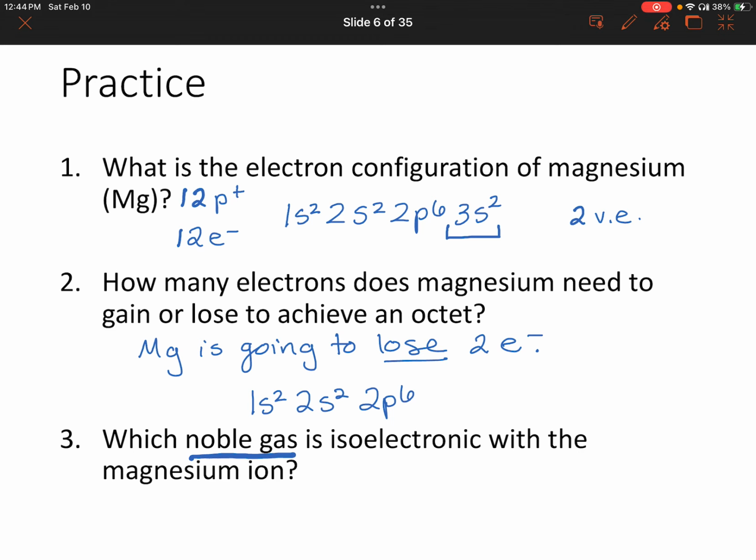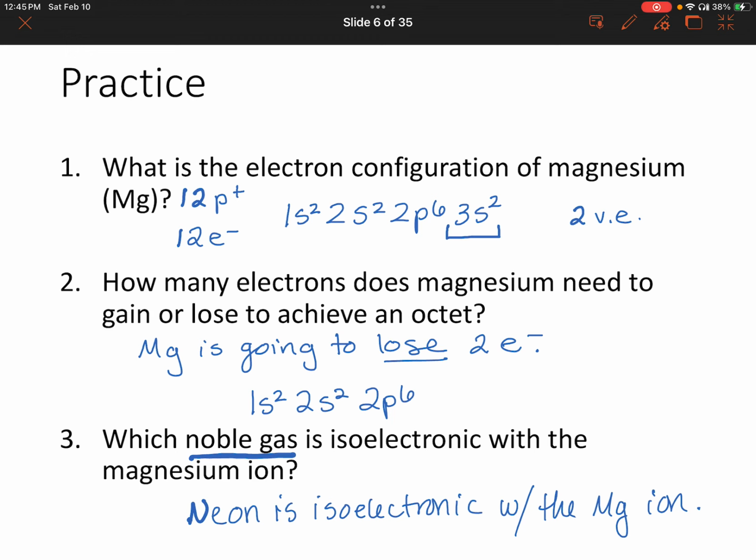So which noble gas has that same electron configuration in number 2? Neon, right? We just looked at that with sodium. So neon is isoelectronic with the magnesium ion.